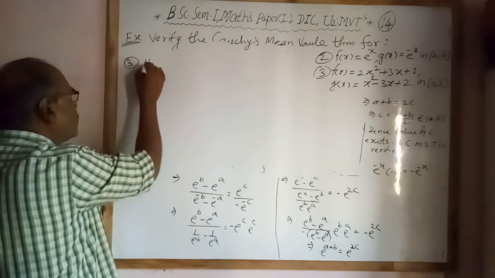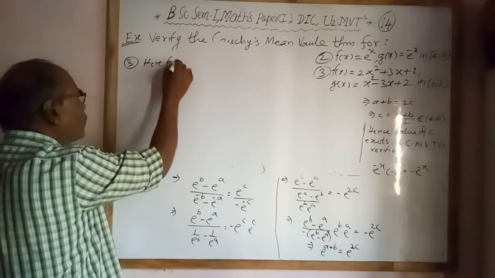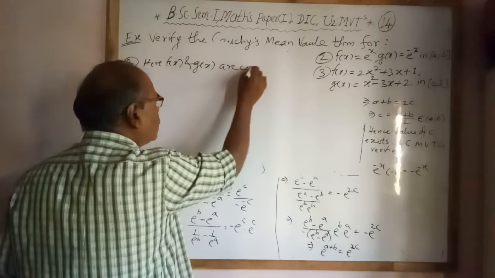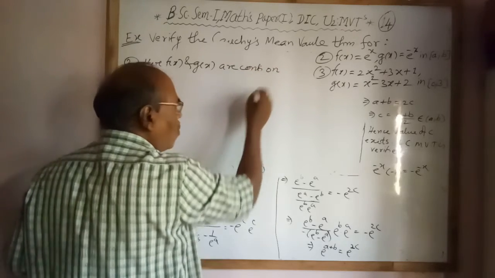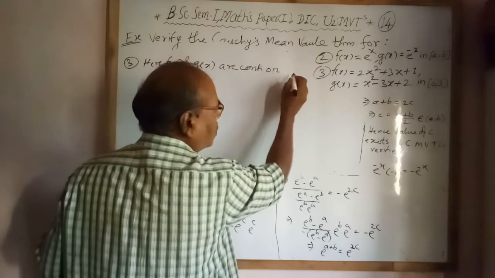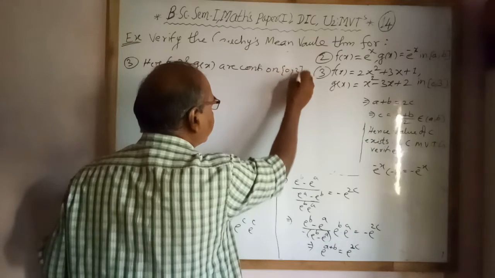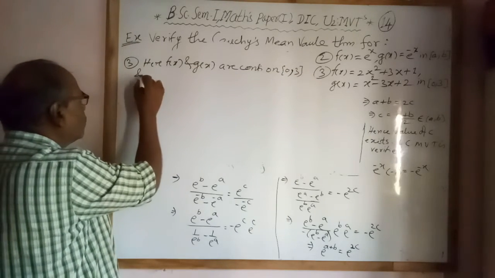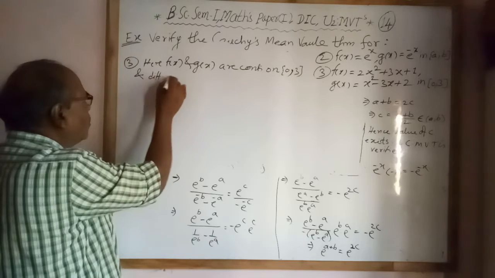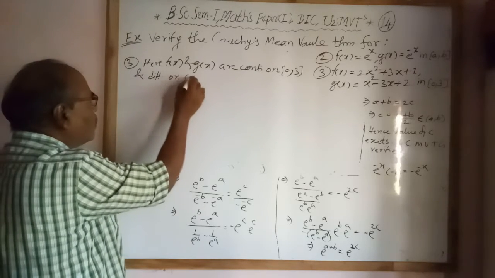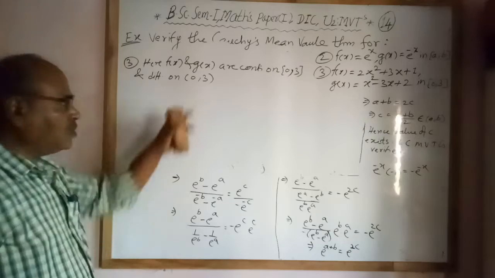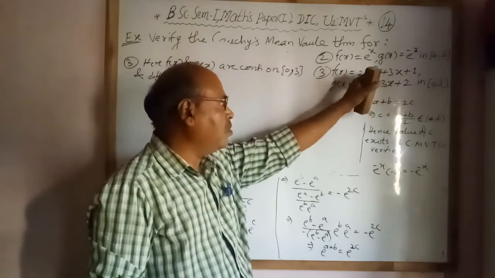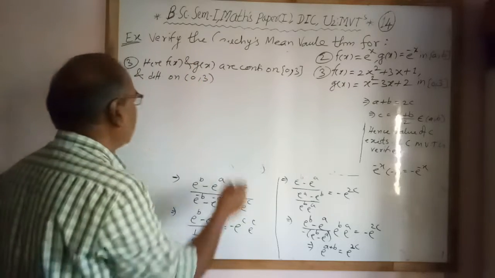Third example, here f of x and g of x are continuous on the closed interval 0, 3 and differentiable on the open interval 0, 3, because these are polynomials and we know that polynomial functions are always continuous.